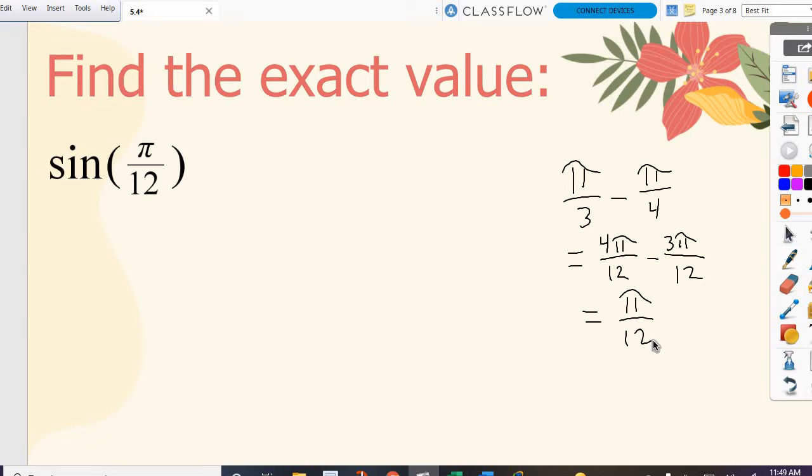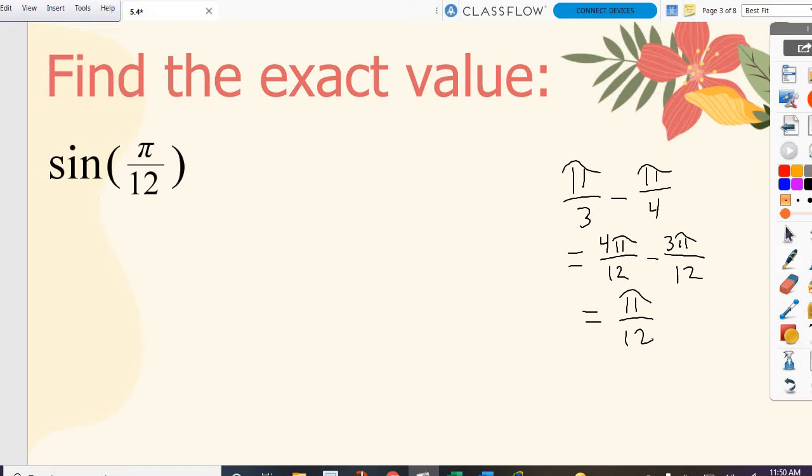So you would have had 6 pi over 12 minus 2 pi over 12. So not quite. What about 2 pi over 3 minus 3 pi over 4? Does that work? Yes. So there's actually several different options that you could use.